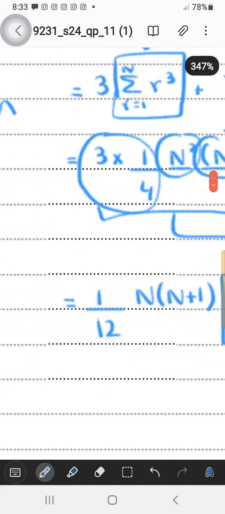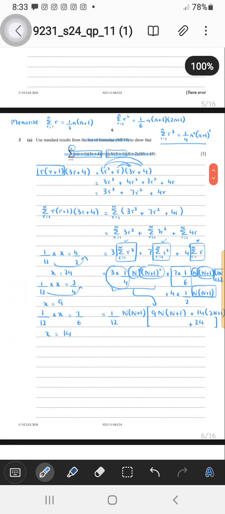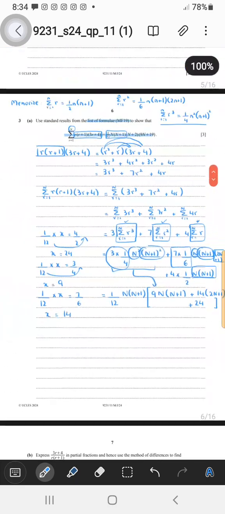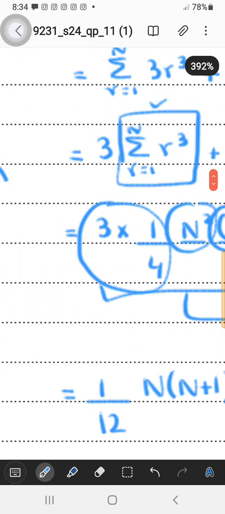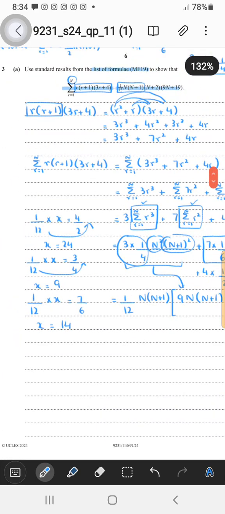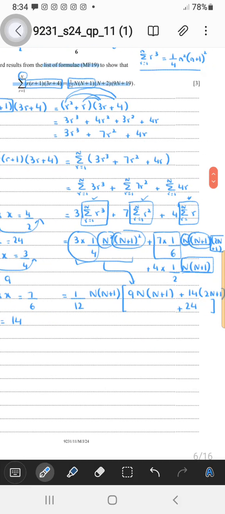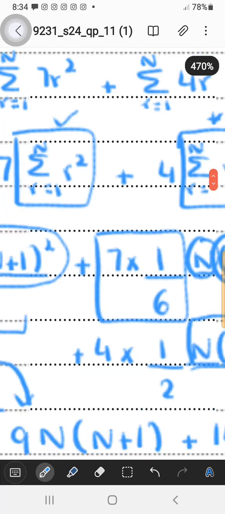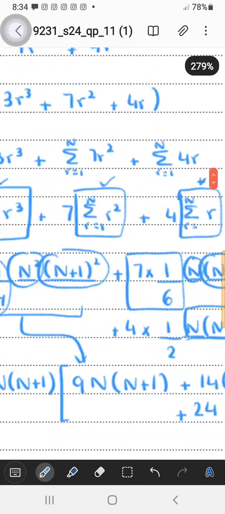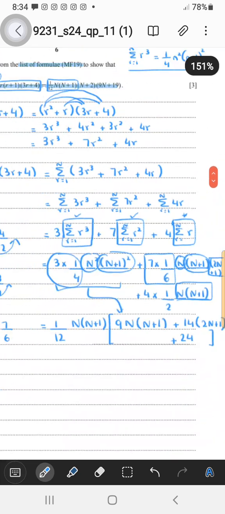The point is we had 1 upon 12 outside, which we can't see is common in all three terms. So how will we compensate for it? As we took 1 upon 12 common, we will multiply 1 upon 12 with a number that will give us 3 upon 4. If we multiply 1 upon 12 with 9, it will give us 3 upon 4. Then we need a number that, multiplied with 1 upon 12, gives 7 upon 6.